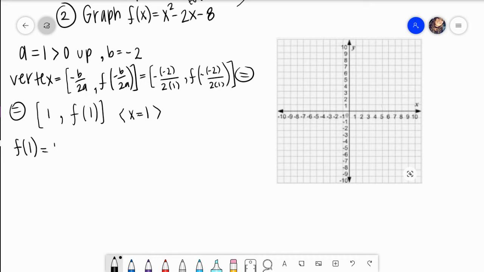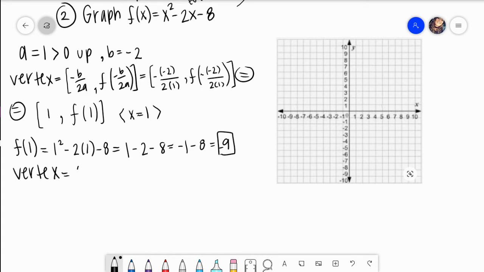And what I would get is 1 squared, negative 2 times 1, and a negative 8, which is just 1, negative 2, negative 8. So 1 minus 2, signs are different, so you subtract, keep the sign of the larger, and then we're going to subtract 8. Signs are the same, add and keep, I get a negative 9. So this is telling me that my vertex is 1 comma negative 9.